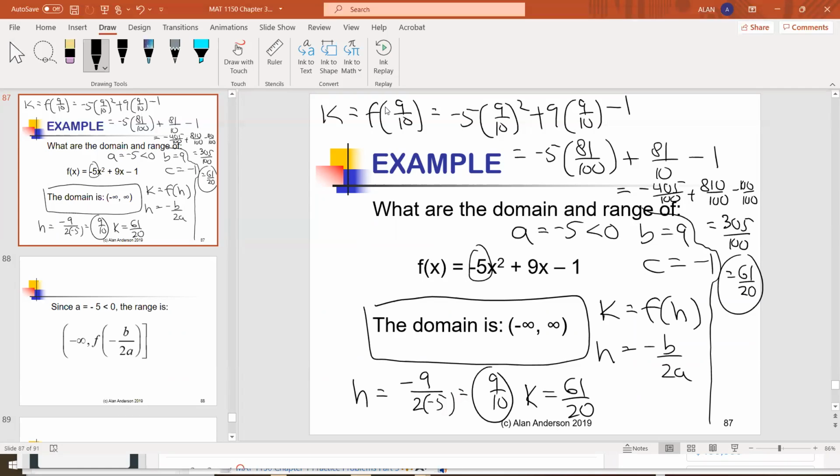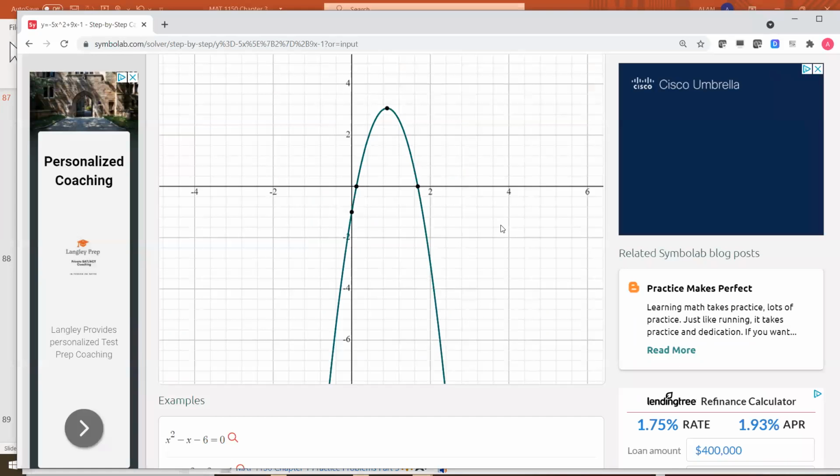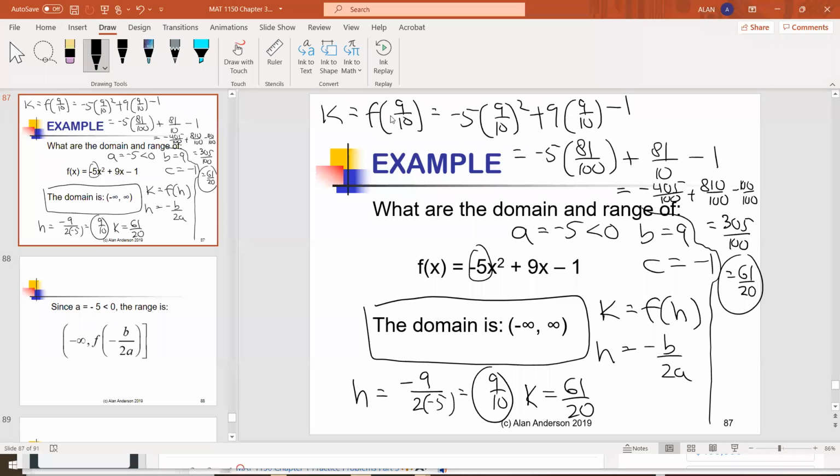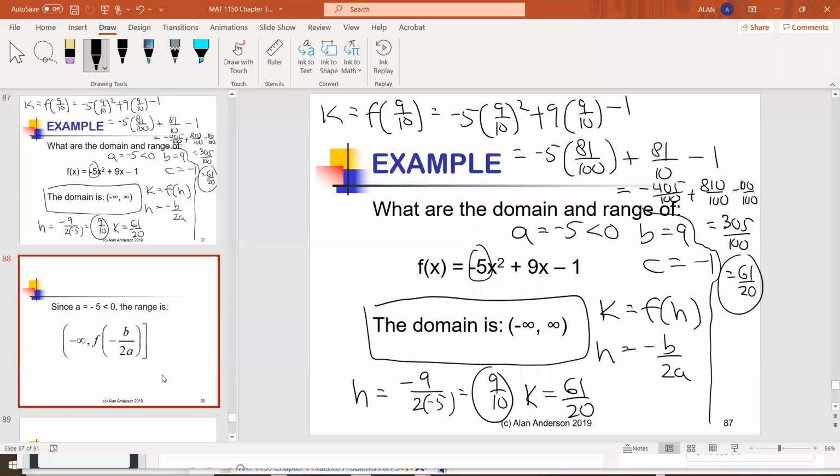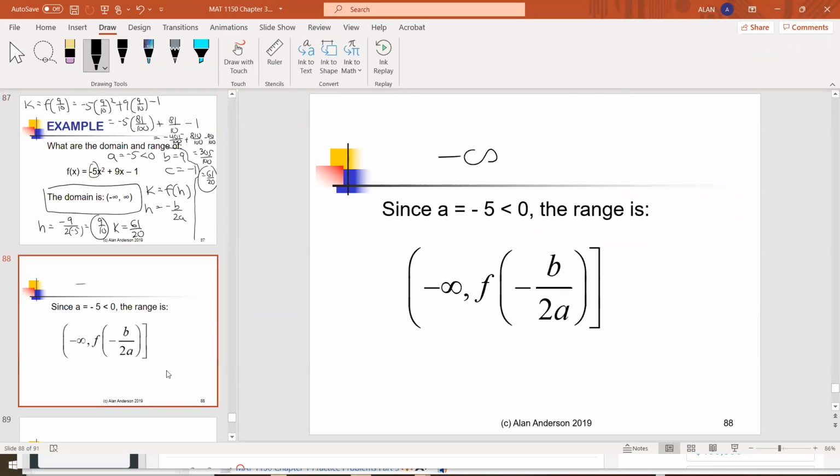So basically the range is, like I said, from 61/20 down to negative infinity, or in interval form, and by the way, that includes the 61 over 20. That's why there's a square bracket here.